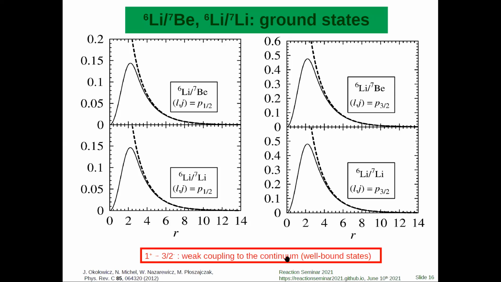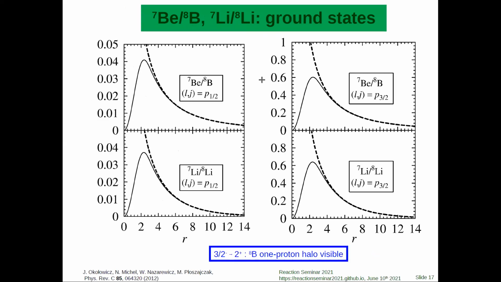Here, one has a recoupling to the continuum because all states here are well bound. These are the ground states of these nuclei. So it is interesting to see if it also works with loosely bound resonance states, which has been done. Here we considered beryllium 7, boron 8 nuclei, as well as lithium 7, lithium 8. It is interesting because boron 8 is a 1 proton halo.